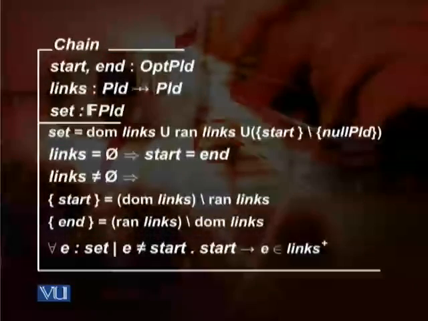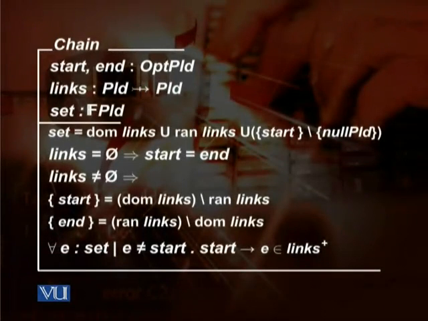Now, links is equal to empty set, or links is equal to null, that implies start is equal to end. So in this particular case, what we are saying is that when we have links equal to phi, null, that is, the map is not defined, that means we have nothing in our chain, and the only thing is start and end, and both of these collapse onto one element.